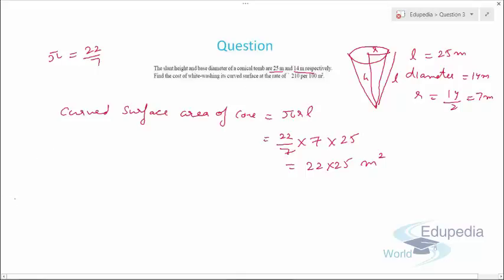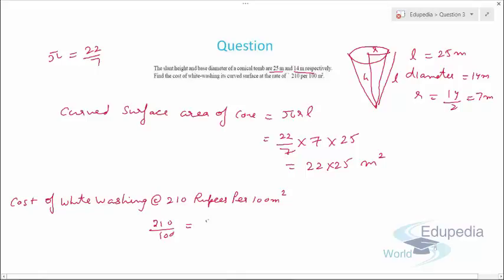Now the next part is we need to find the cost of whitewashing at 210 per 100 meter square. So we can write cost of whitewashing at 210 rupees per 100 meter square, or we can say that 210 divided by 100, so it will come out to be 2.1 per meter square, right?